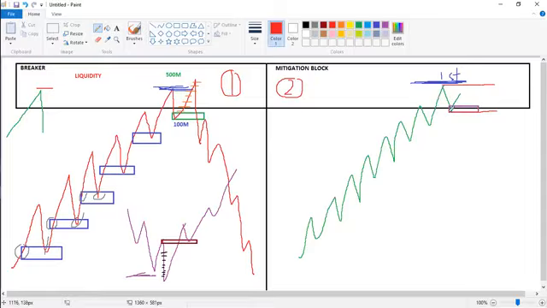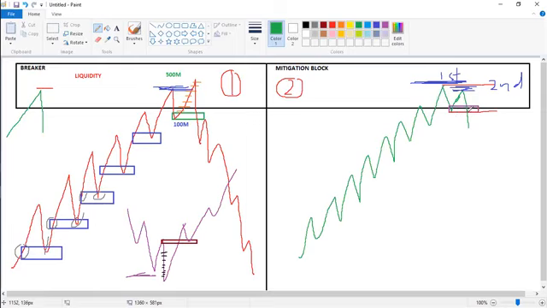So they're just pushing price to premium, not to break market structure, because this is the area where they have their first sell orders. They don't want price to go above their sell orders. So they'll push price to premium, and once it's in premium, they put their second sell orders. Then once they're done, price breaks market structure.